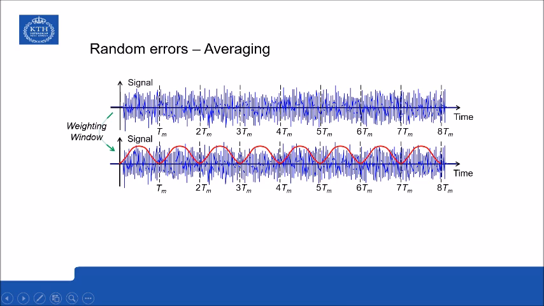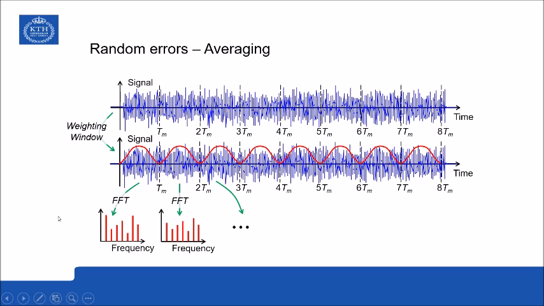So all time segments we multiply with a Hanning window in this case, so that we get the weighted time domain signal. Then we take the FFT, the fast Fourier transform, of all weighted time windows. And of course then we get a line spectrum, one for each weighted time window.